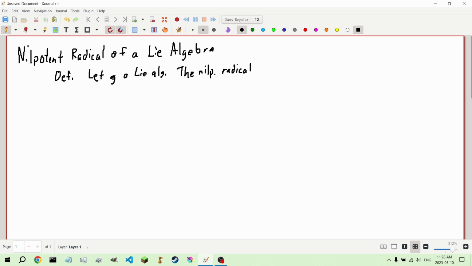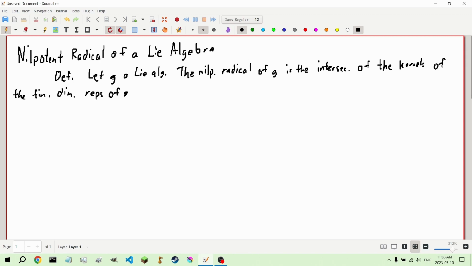So this is kind of a thing: the nilpotent radical of G is the intersection of the kernels of the finite dimensional representations of G. I have some remarks to go along with that.